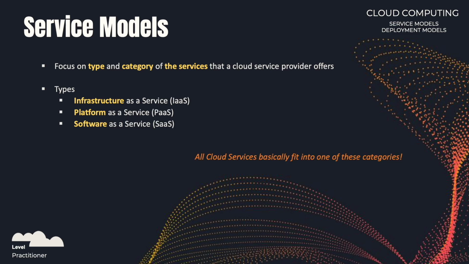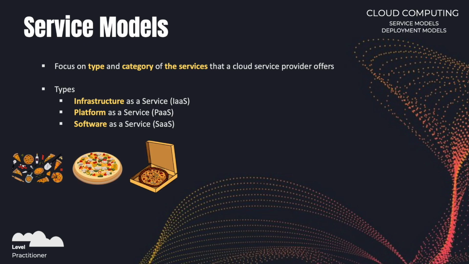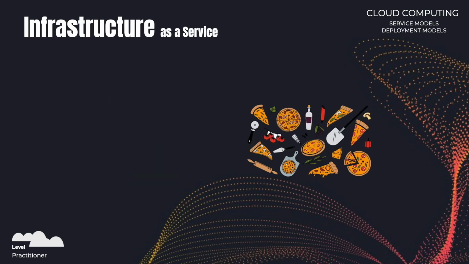Let's dive into a comparison of each using the process of making a delicious pizza. Imagine you're in the mood for pizza and you've got three options, just like the three main models of cloud computing. Think of IaaS like having a fully stocked kitchen where you have all the raw ingredients and tools you need to make a pizza from scratch.